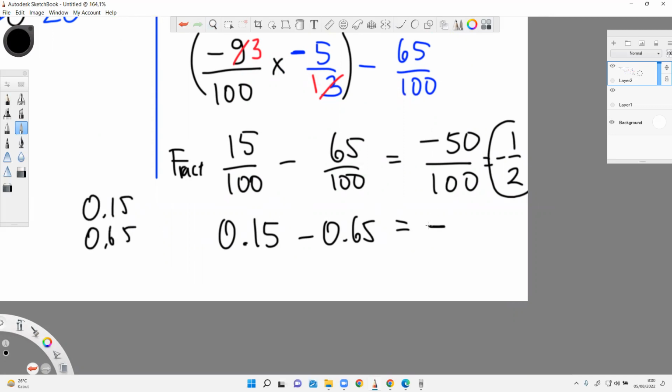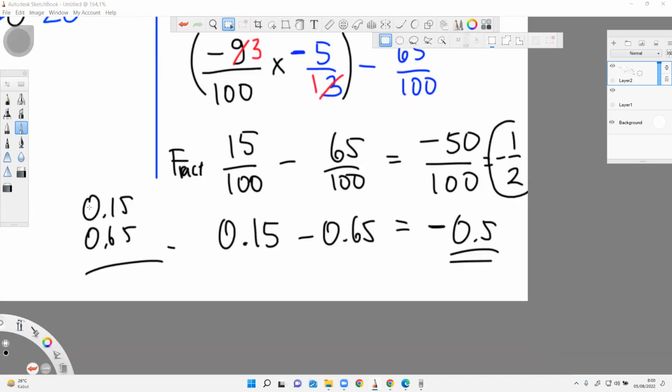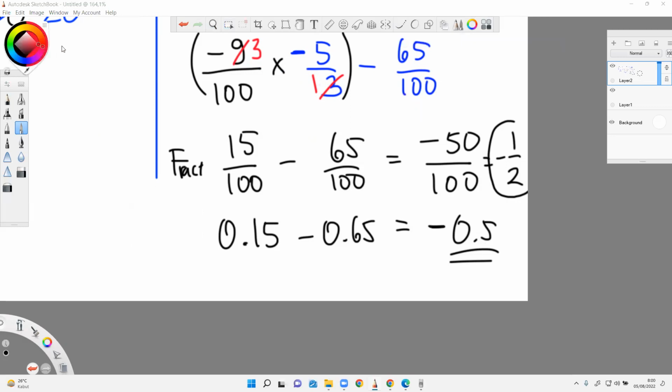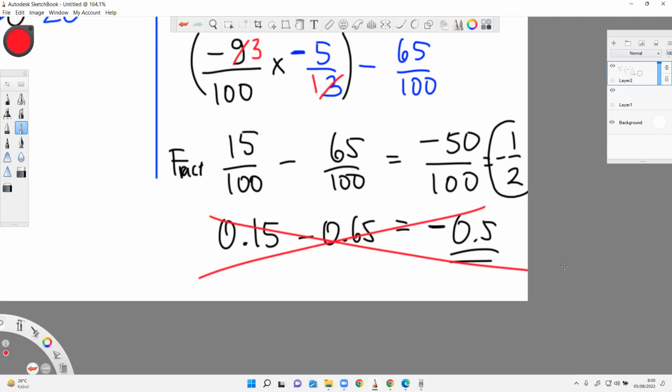It will definitely be negative, so just subtract. Negative 0.5 also. It is the same, guys. But again, which one do you prefer, fraction or decimal? Fraction, just throw away the decimal. I still put it on the screen, but I prefer to cross it out. We prefer to do the fraction strategy.